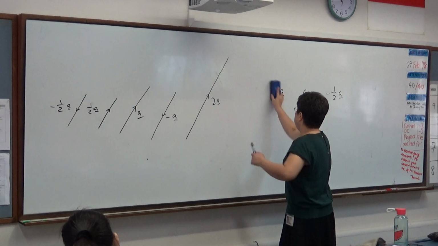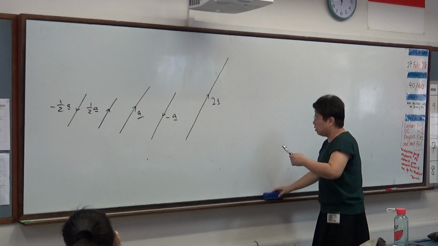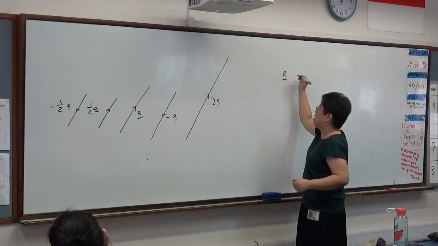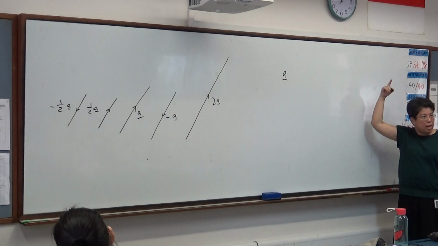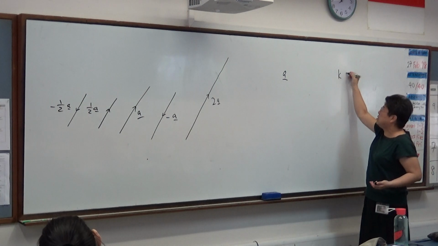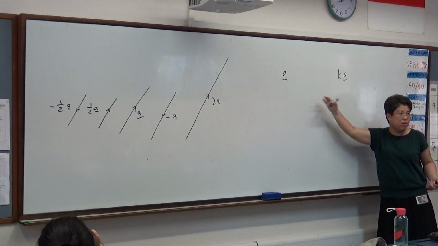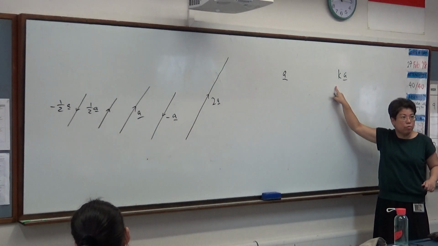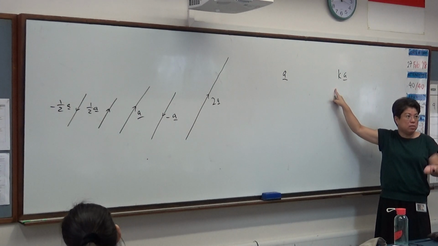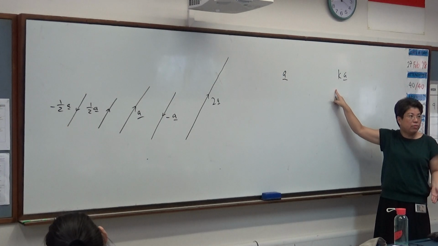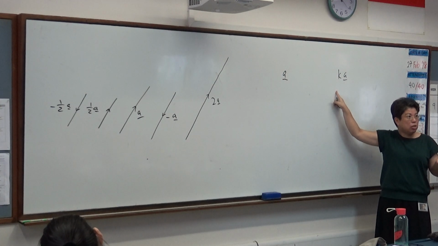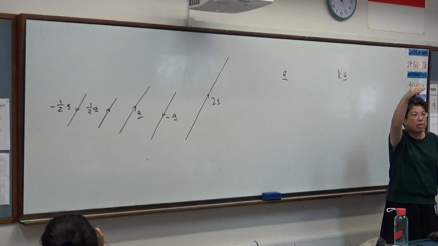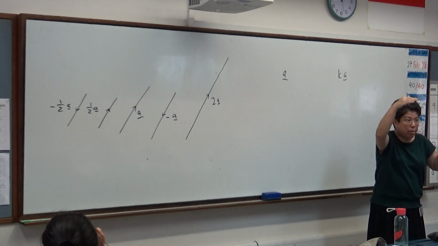If I have a vector A, and another vector is a constant times A, definitely these two will be parallel, regardless of whether k is positive or negative. If k is positive, that means it's in the same direction. If k is negative, then it's in the opposite direction. It can also be a fraction. 3.5 means 3 times and then half a times. Is that clear?